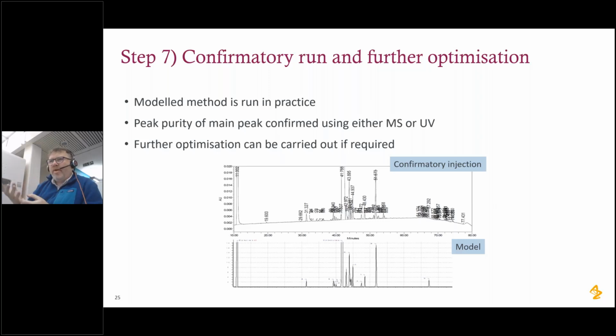Then we did a confirmatory injection, and the difference between the modeled version from LC Simulator and the actual was very small, in the area of a few seconds difference in retention in some cases. So this was a really good example where we were able to achieve a good outcome from the structured way we generated this data.